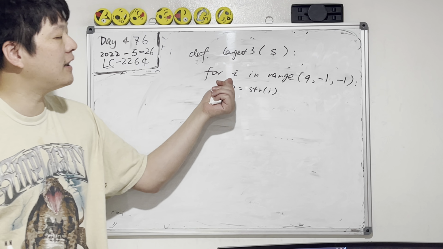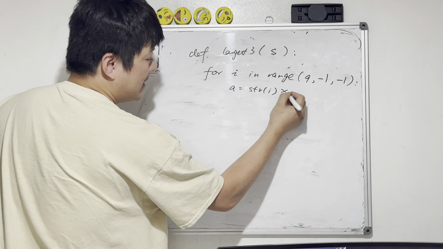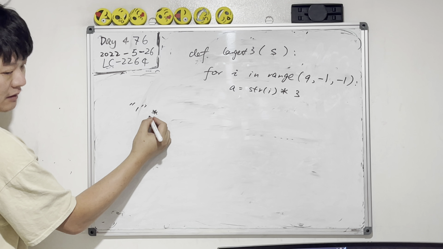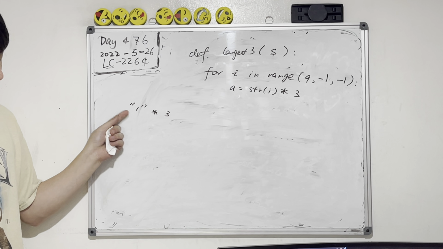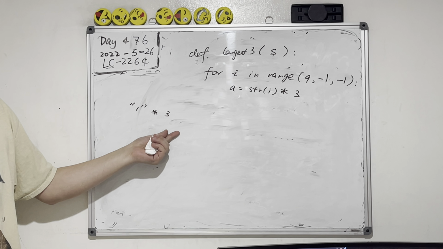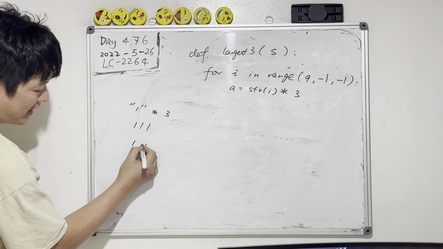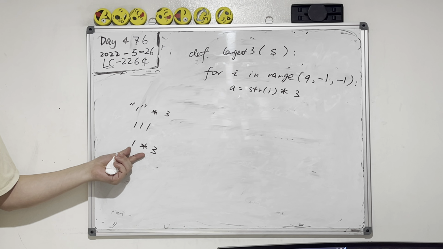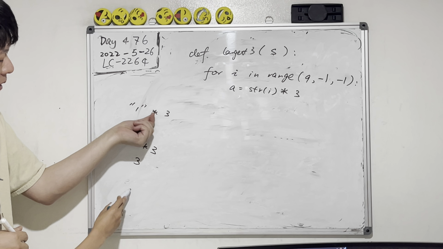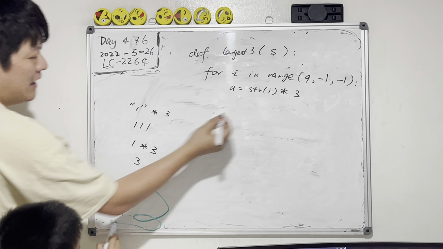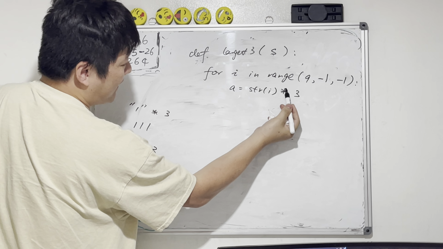First of all, we convert the integer into a string, and we multiply by 3. What does one string multiplied by 3 give us? Three ones, exactly. This is a string multiplication. So A will be 999, 888, etc.